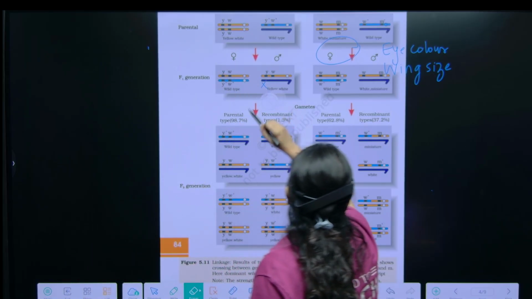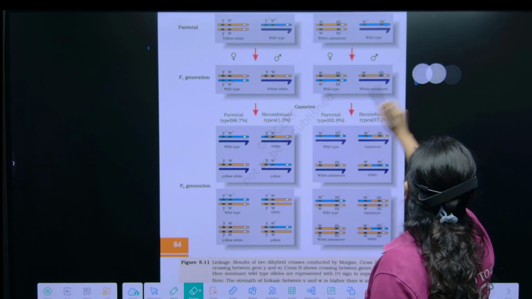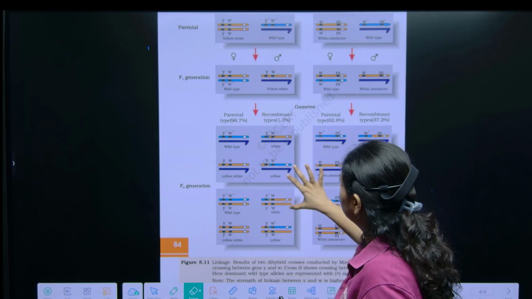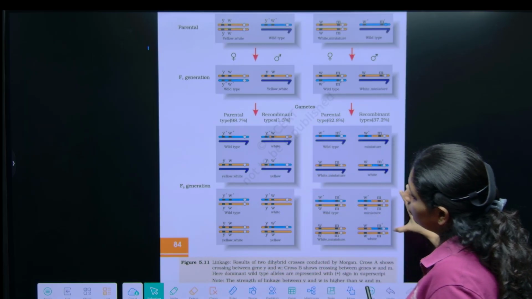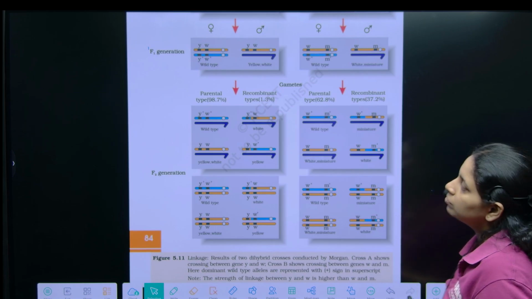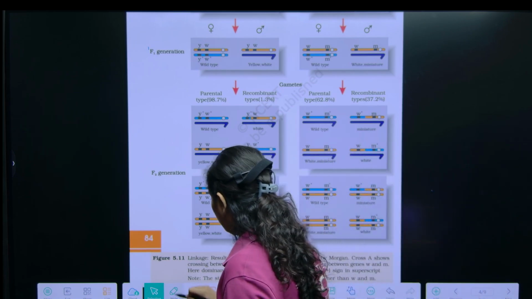Okay. Now see, we have the F2 generation.